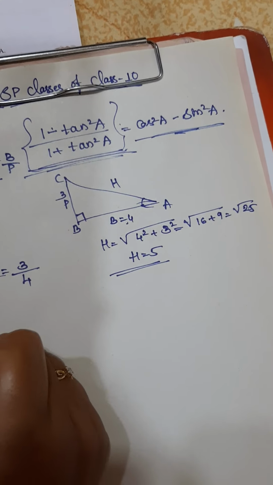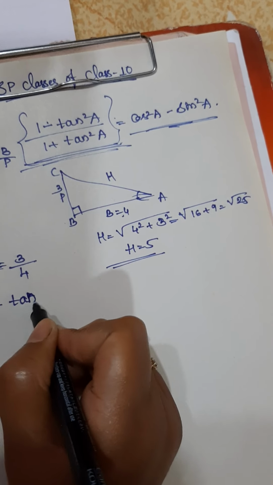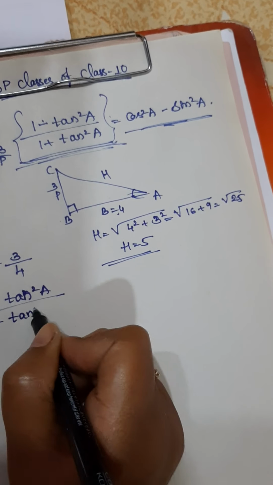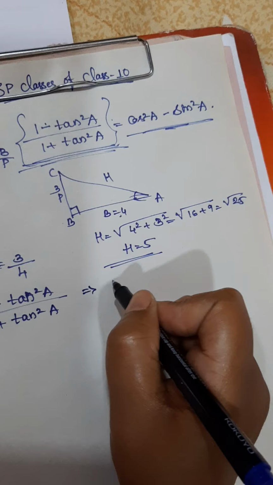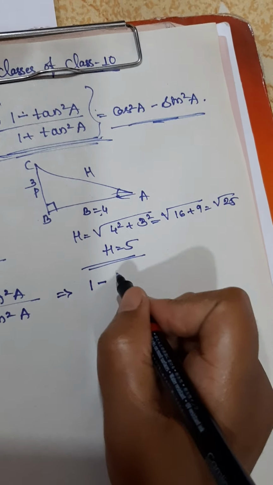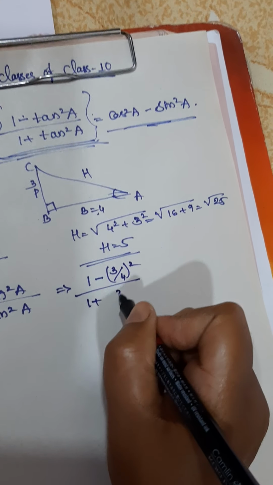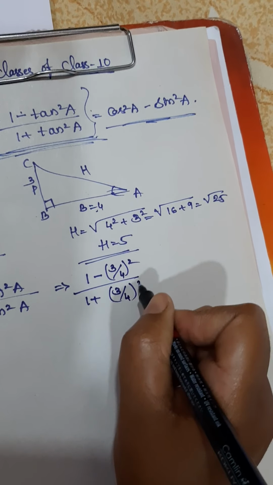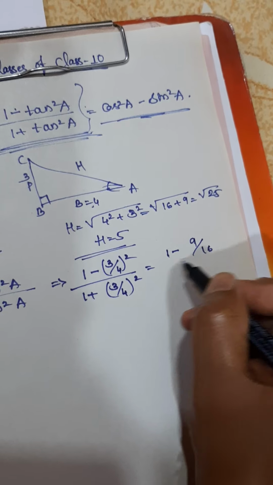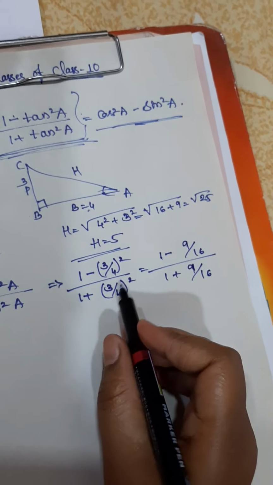First we will solve LHS, which is equal to (1 minus tan square A) divided by (1 plus tan square A). That is 1 minus 3 by 4 whole square, over 1 plus 3 by 4 whole square. So 1 minus 9 by 16, over 1 plus 9 by 16 we got here.